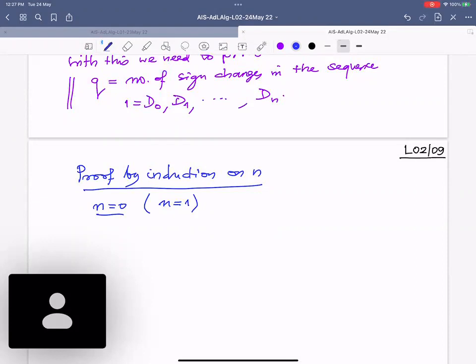D1 is the determinant, but that is that entry. If it is negative, that means that P has to be 0. So this has to be a negative number. Sign changes. So it's clear. For n equal to 1 also, it's clear.